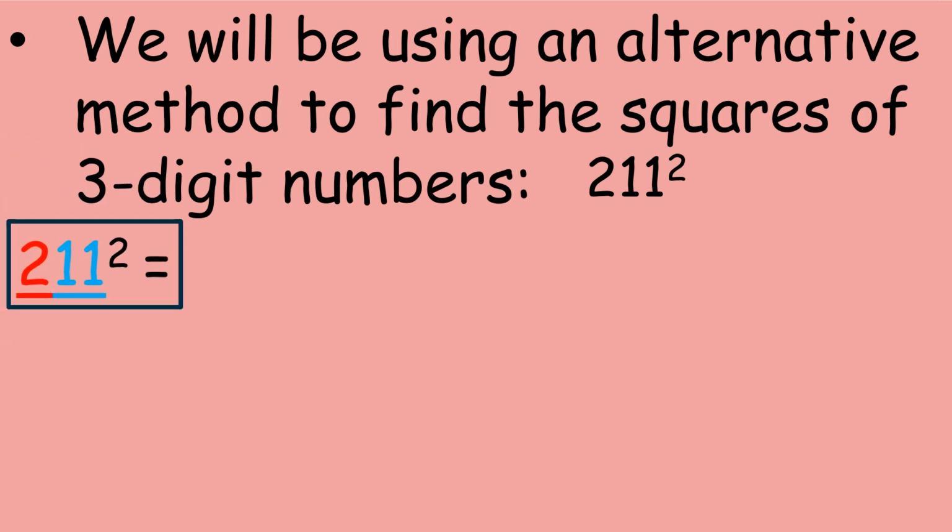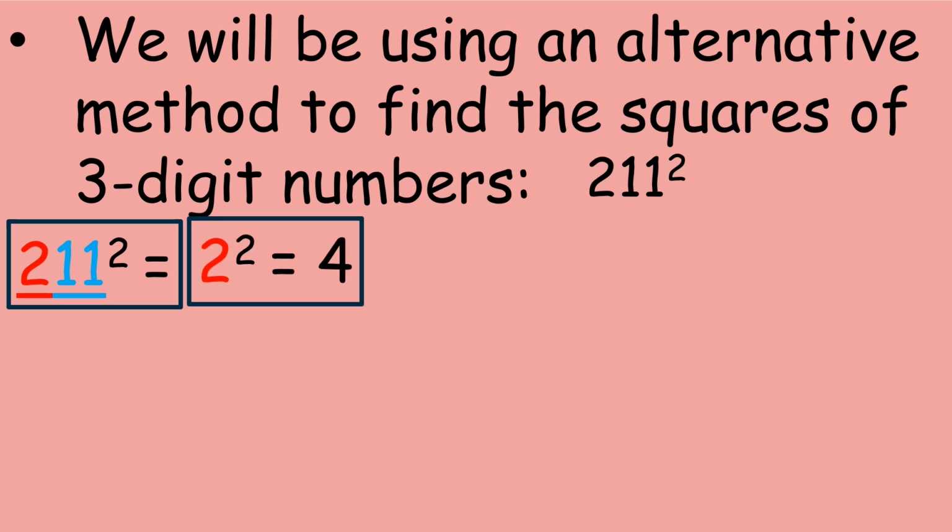211 squared. What we will first do is to divide the number into two parts. The first number, which is 2, and then the remaining two numbers, 11.